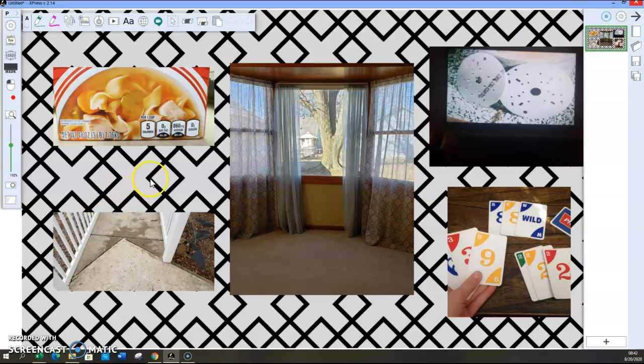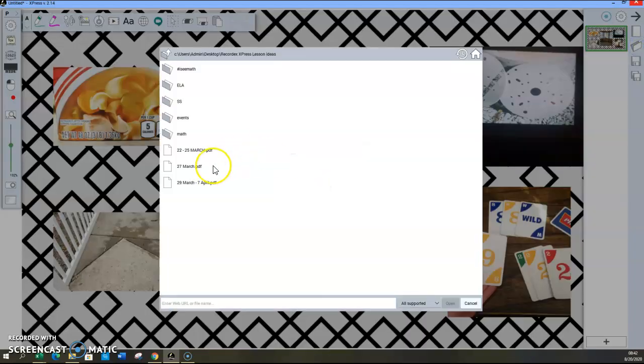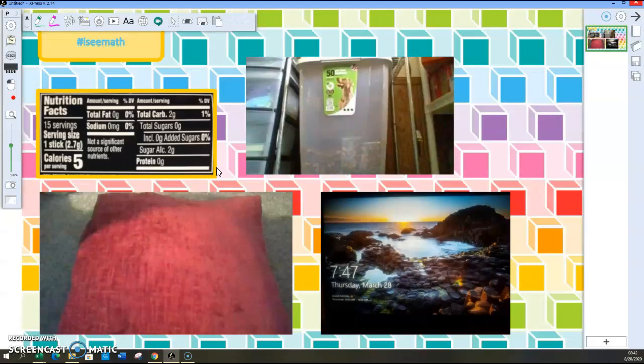As you can see in this image, we have numbers, we have weight in 3 different ways, we have our food and calories, and then we have our angles, and we have circles with different spots or cuts in them. We have these windows, and then we have numbers. So just some fun ways to show how the kids see math.